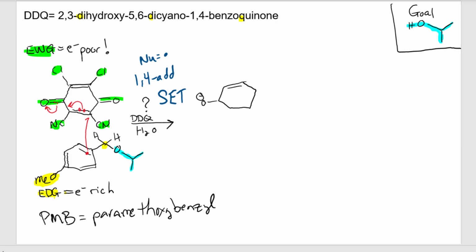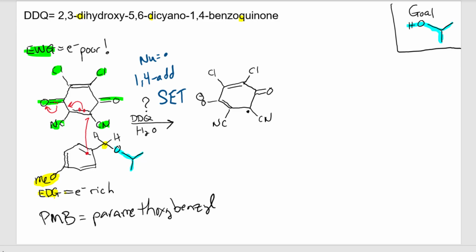It's almost like an enolate, right? It looks like I just did a 1,4 addition at the alpha beta unsaturated carbonyl. And that places the electron. So if you look at this molecule, the DDQ molecule is now a radical anion. That's what it looks like now.